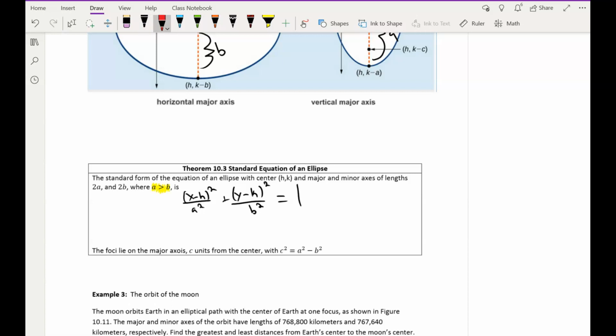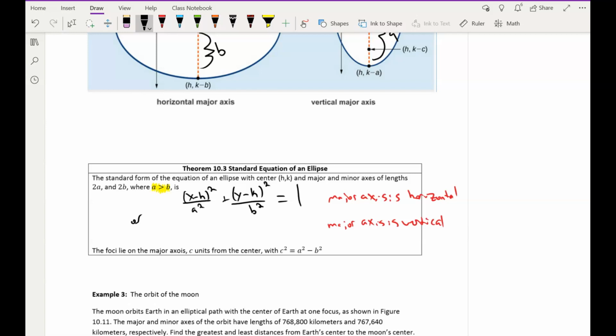And this is what you're going to have if your major axis is horizontal. Now if you have a major axis that is vertical, it's essentially the same equation, except those a values and those b values are going to switch.